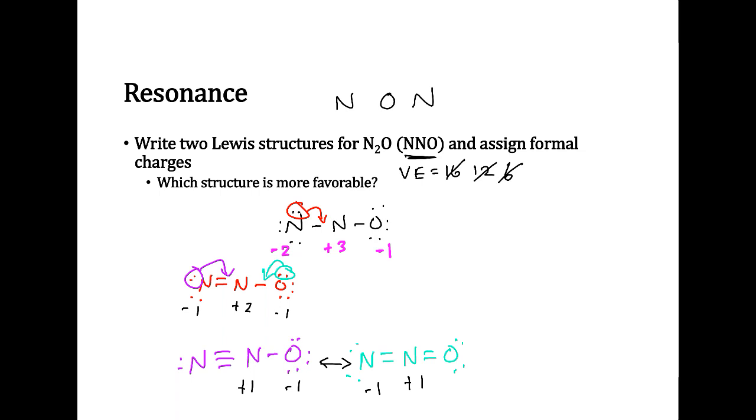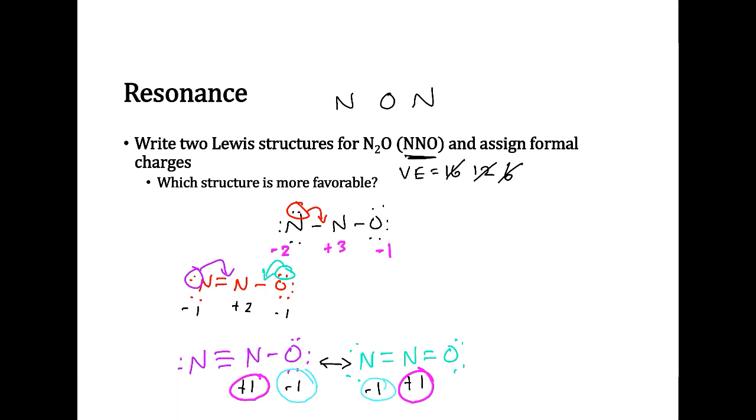Both of these structures have the central nitrogen with a +1 formal charge. Okay, so what's different? Well, the resonance structure on the left has a -1 formal charge on the oxygen. And the resonance structure on the right has a -1 charge on the nitrogen.